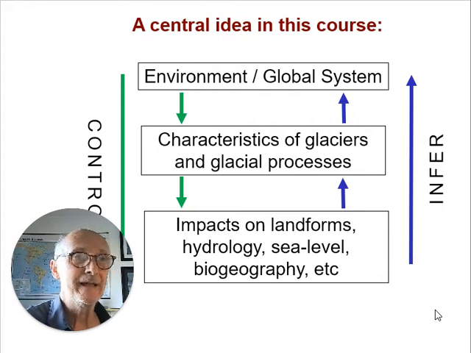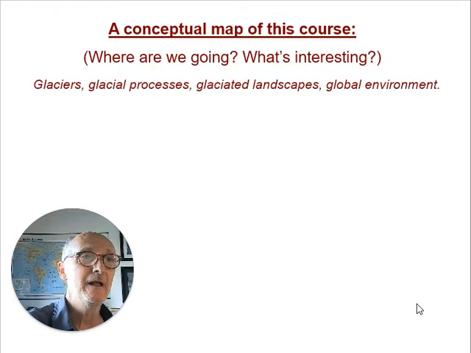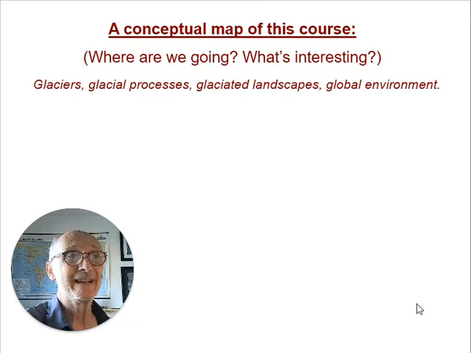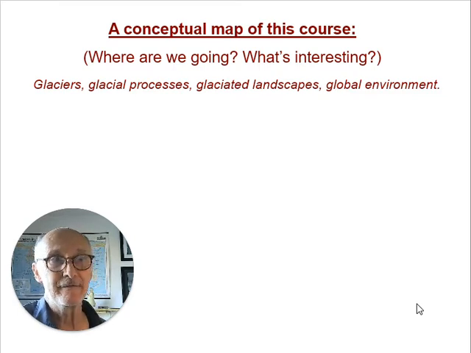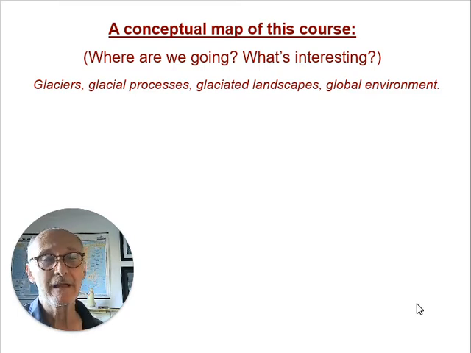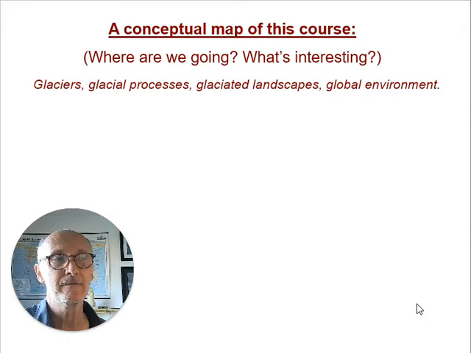Now, as you'll be beginning to realize from all the different things I've briefly mentioned in this section, there are lots of different things we're going to be looking at. We're going to be talking about glaciers, glacial processes, examples of specific glaciers, specific processes, specific glacial landforms and the landscapes, aspects of the environment that they're created within.